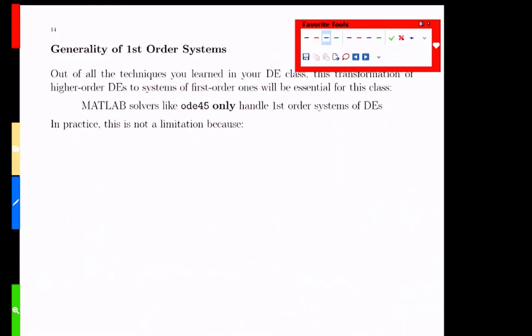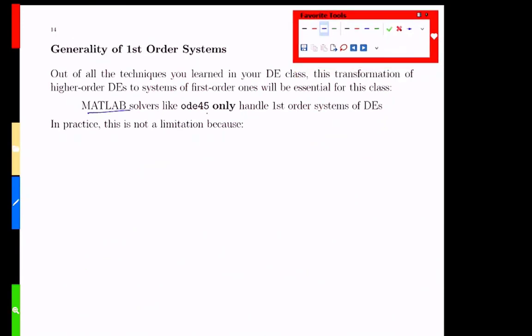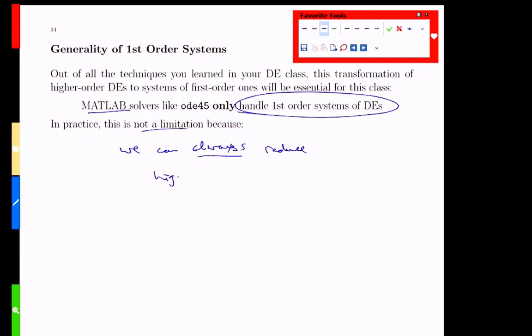Let's take a look then, and note something about MATLAB. MATLAB solvers like ODE45 only handle first order systems of DEs. This is not a limitation, though, because we can always reduce higher order DEs to first order systems with exactly the same process.